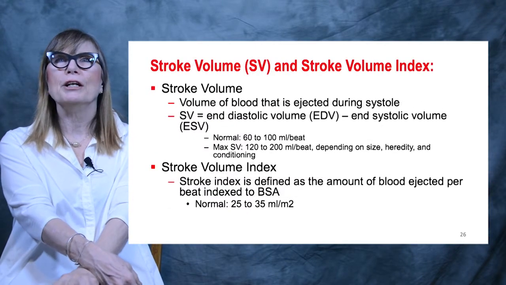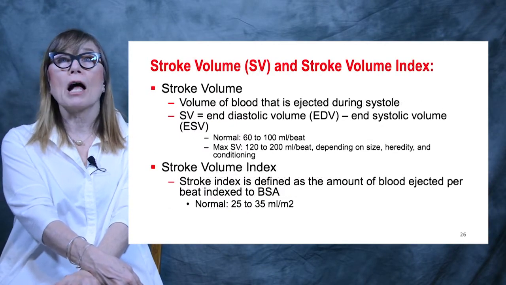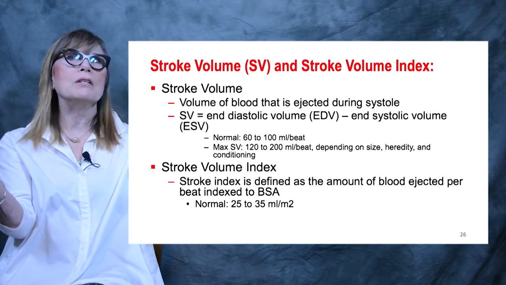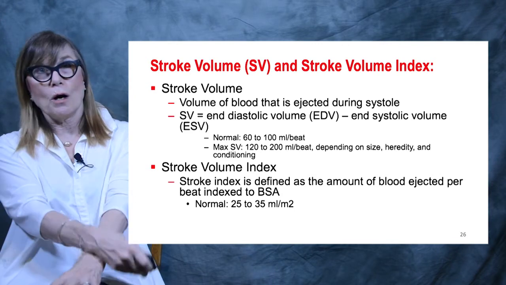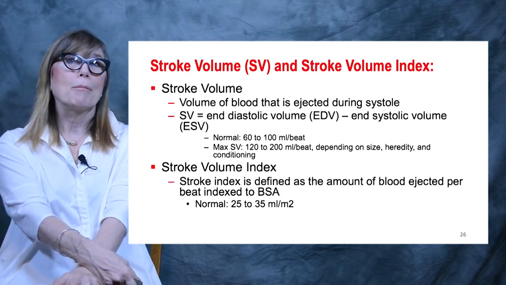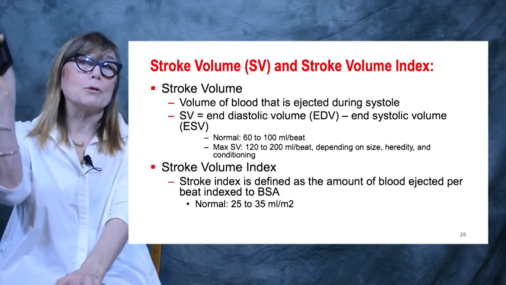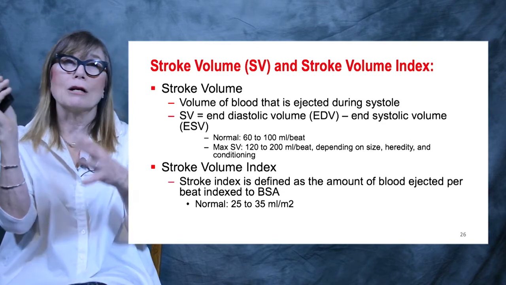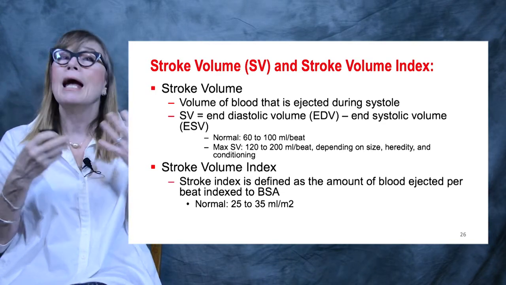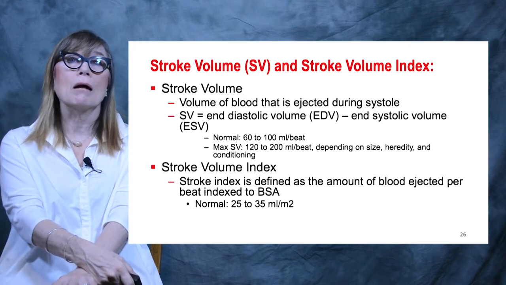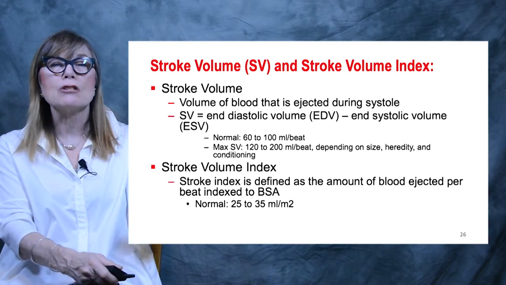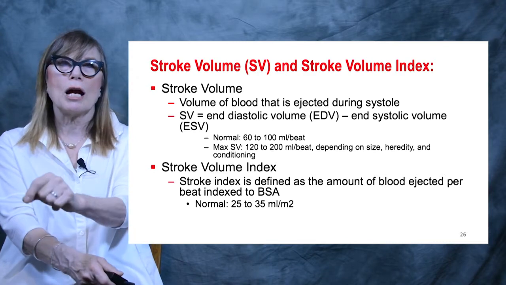All right, very good. Normal stroke volume. So easy because it correlates with a normal sinus rhythm. 60 to 100 mLs per beat. You can max up to about 200 mLs per beat depending on your size, your heredity, your conditioning, and the tissue demands for oxygen. Stroke volume is the amount of blood that's ejected on each systolic ejection.